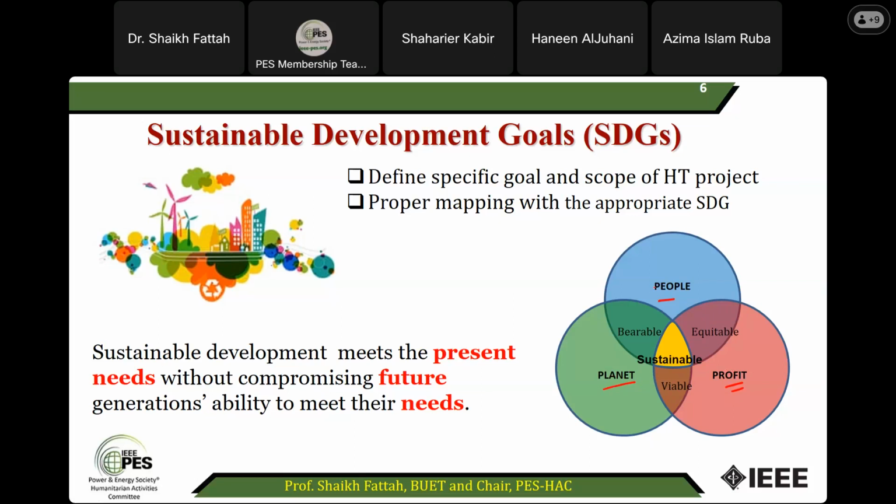So these are the very common 3Ps: people, planet, and profit. But they are not living in three isolated worlds. They are actually connected. They overlap. For example, when you are taking advantage of the planet, it must be bearable.